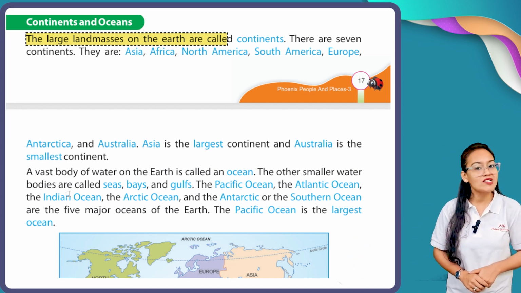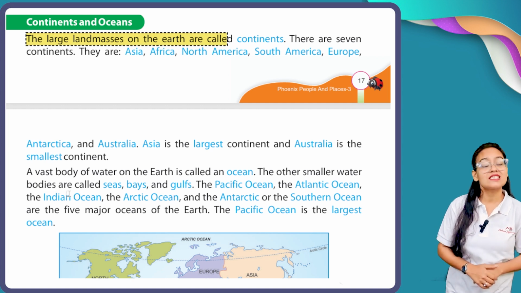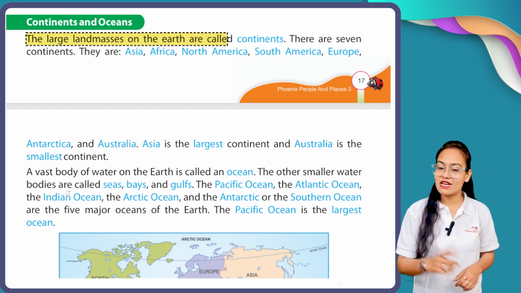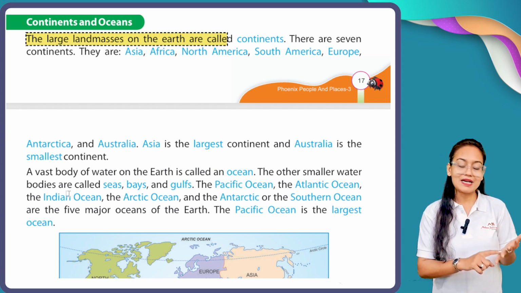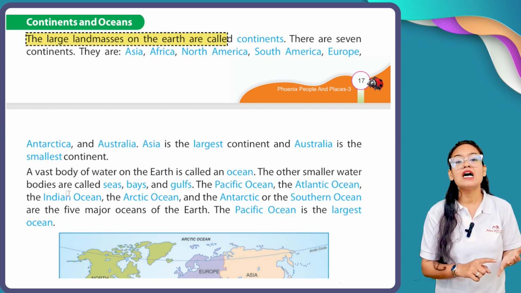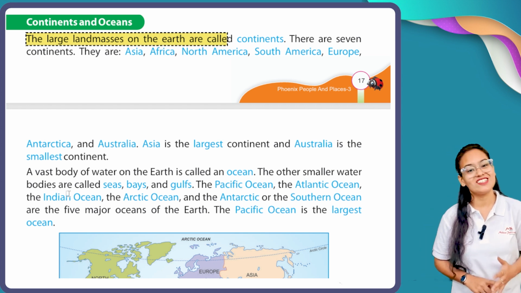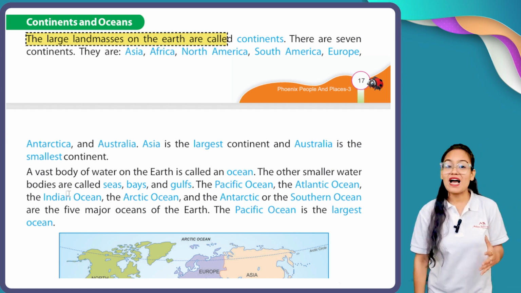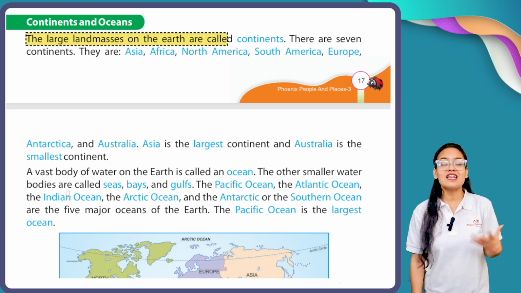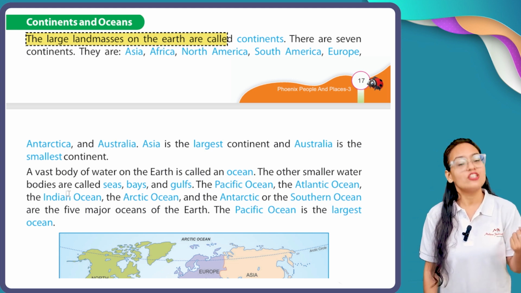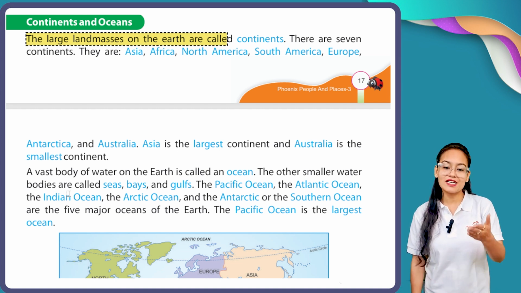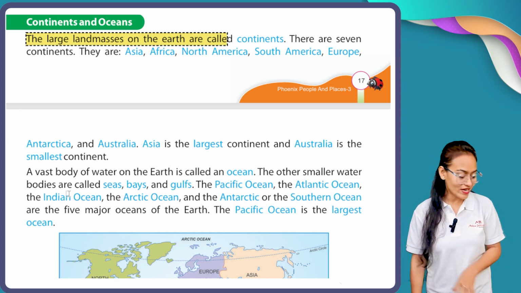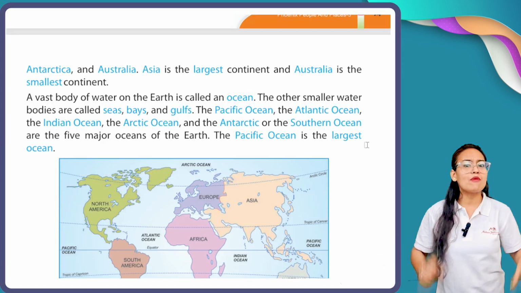There are a total of 7 continents: North America, South America, Europe, Antarctica, Australia, Africa and Asia. The largest continent is Asia and the smallest is Australia. Now this is all about continents.